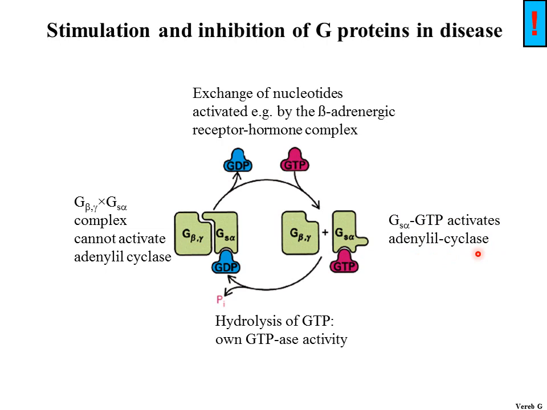For example, we discussed adenylyl cyclase, and eventually there's an auto switch-off mechanism where GTP is hydrolyzed, a phosphate is cleaved off, and the trimeric G protein returns to the inactive trimeric form with the alpha subunit binding GDP.